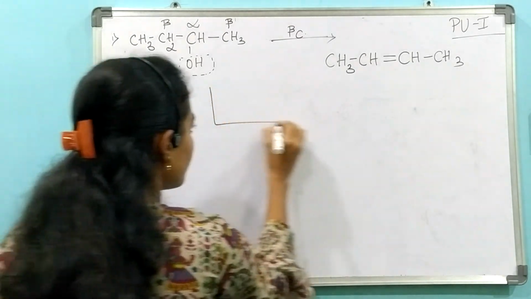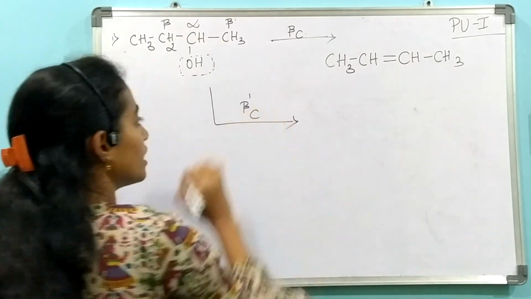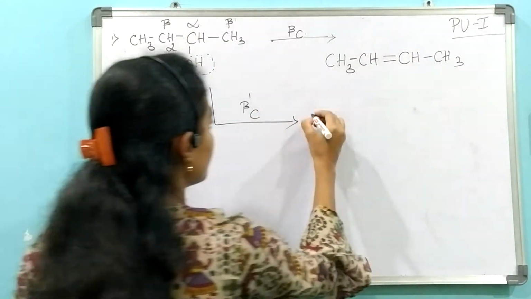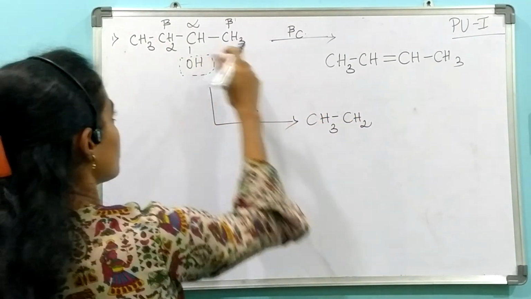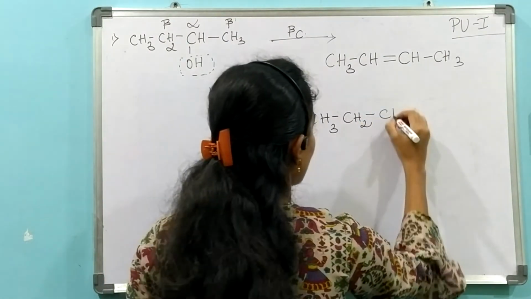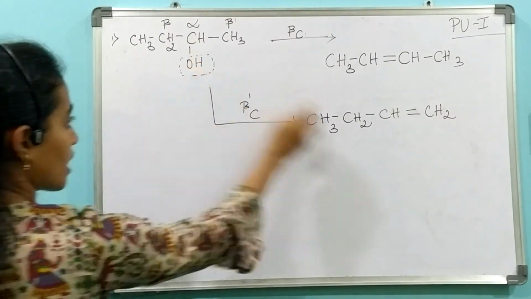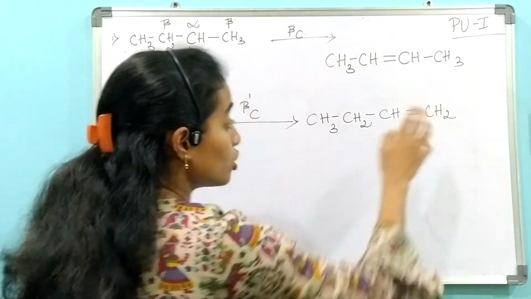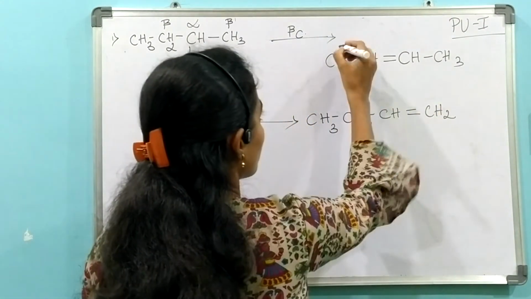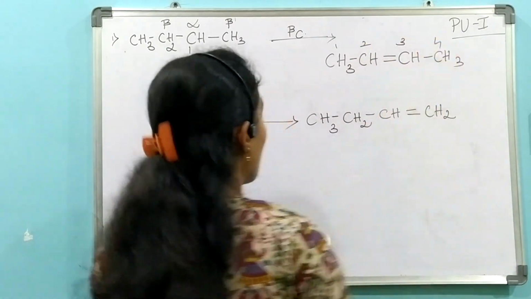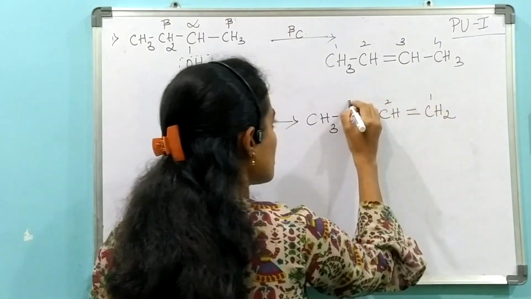Now here I will write the product which I will get by removing the hydrogen from the beta dash carbon, that is CH double bond CH2. See now, I have removed OH minus from this carbon and H plus from this carbon. So I have got two different alkenes over here: but-2-ene as one product and but-1-ene as one more product.